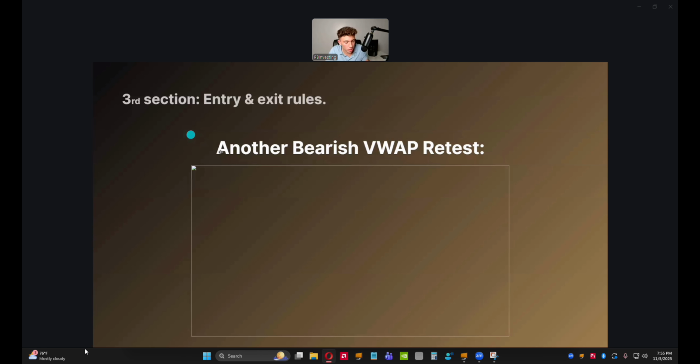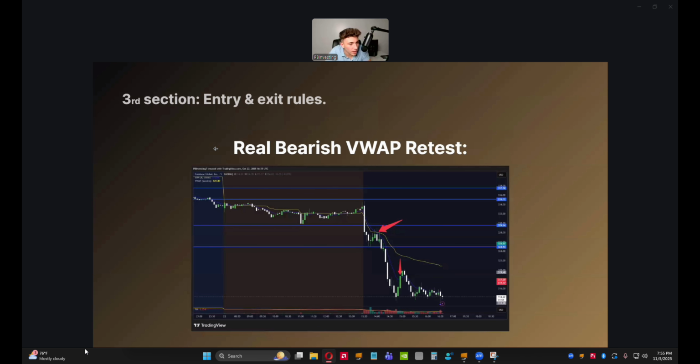Why is this not working? So my other example is not working, but does everybody understand the bearish VWAP retest? So now let me ask you guys something. I just went over the 4 things that I trade.